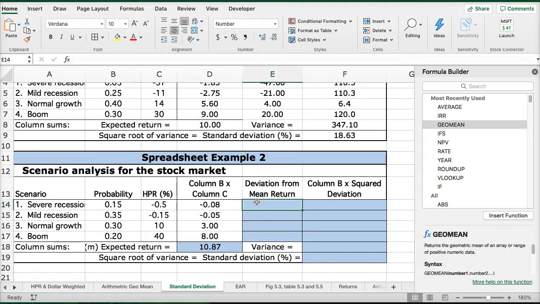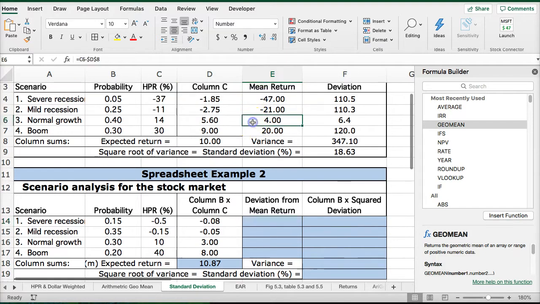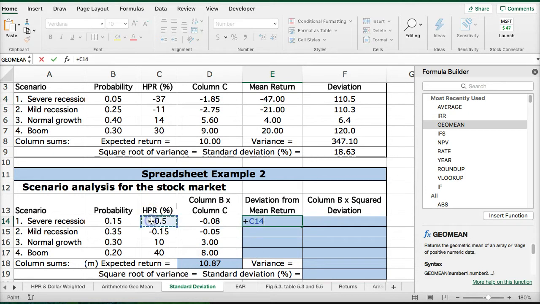Now, just like we did up here, we want to take the C4 minus, but this time we're going to do D18. So we're going to go C4 minus D18, but here I'm going to put absolutes to lock down that cell, so I can just pull this down.